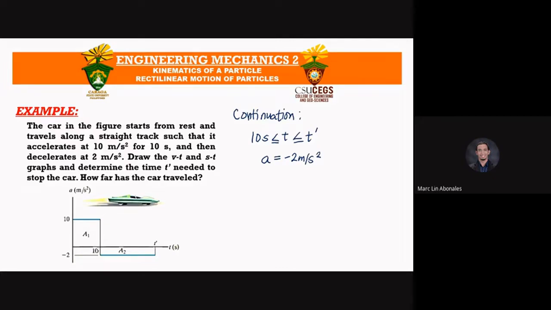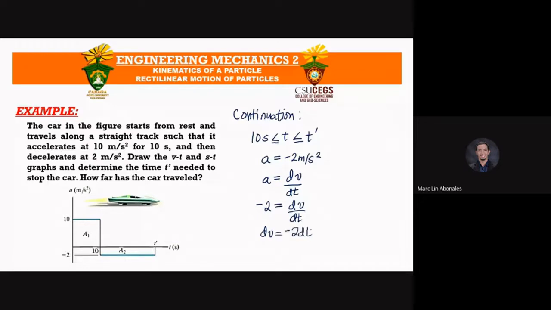So the same lang atong gibuhat kanina sa first interval. We use the same kinematic equation. So substitute negative 2 for dv over dt. Then cross multiply, negative 2 dt.